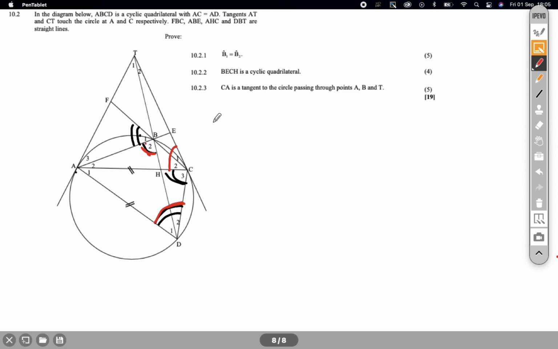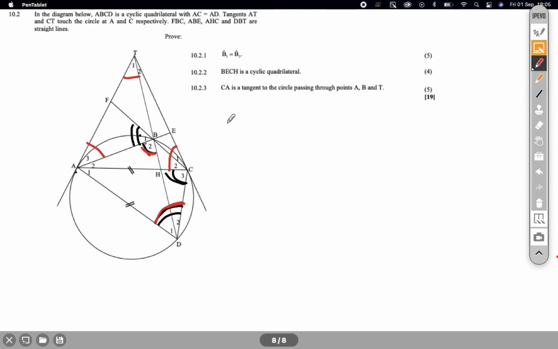Okay, so now prove that CA is a tangent to the circle passing through the points A, B, and T. Okay, so firstly, we could start off by saying that angle B2 would be equal to this angle and this angle.